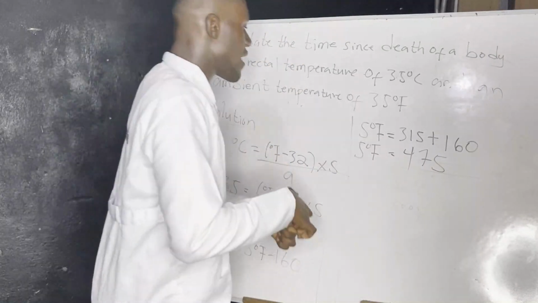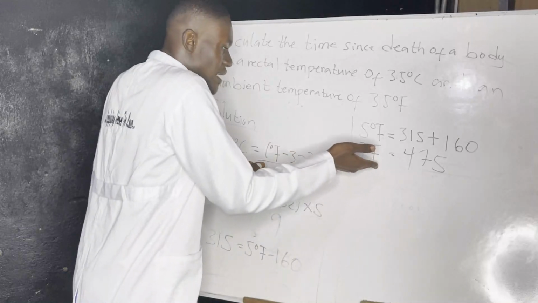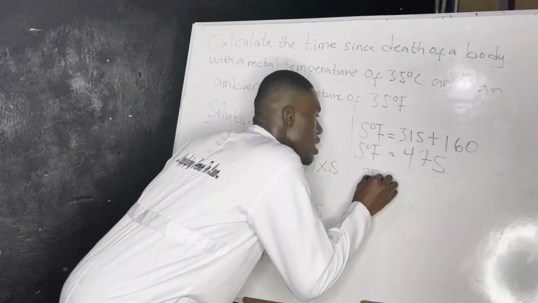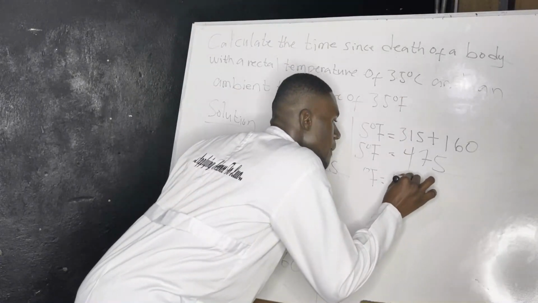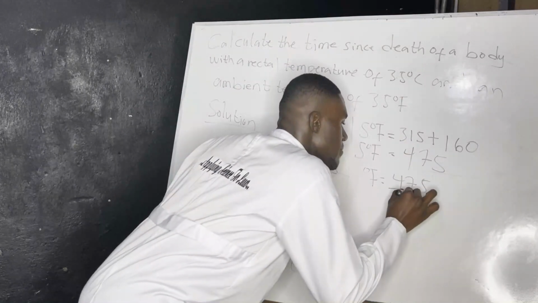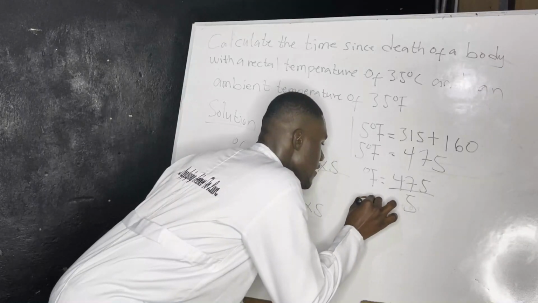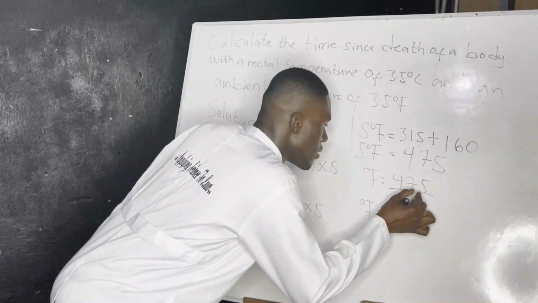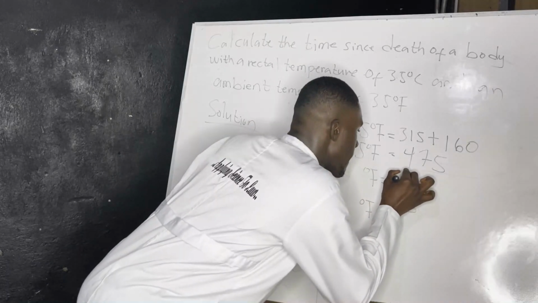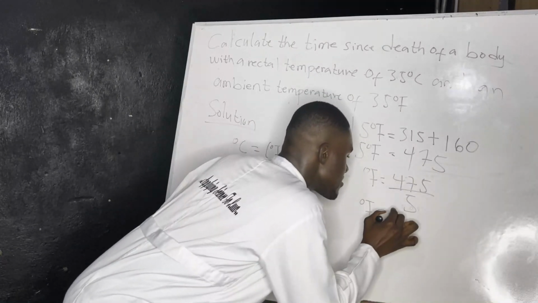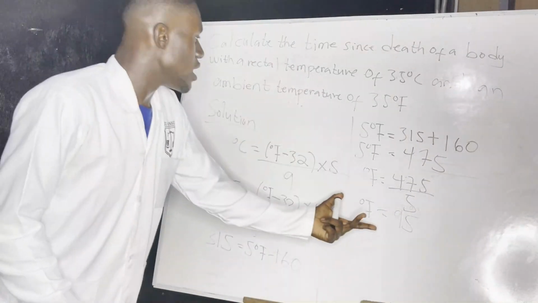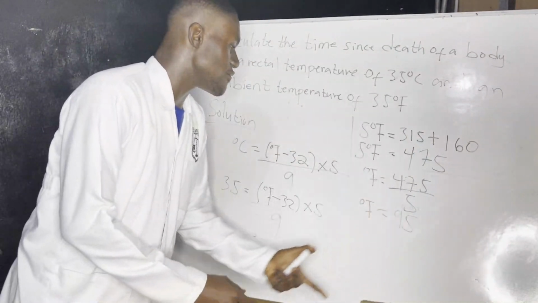We have to make degrees Fahrenheit stand alone, so you divide by 5 on both sides. Degrees Fahrenheit is now equal to 475 divided by 5. We get 95. So we calculate our rectal temperature to be 95 degrees Fahrenheit.